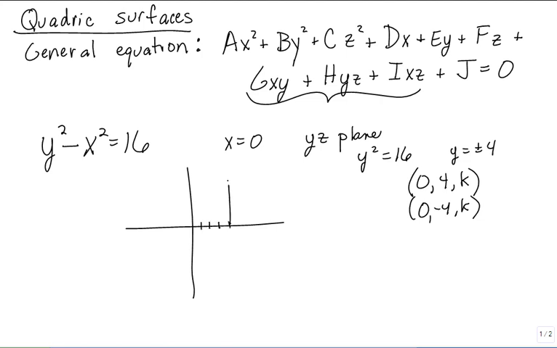Z can be anything. So we just get these lines at 4 and -4 in the yz plane.